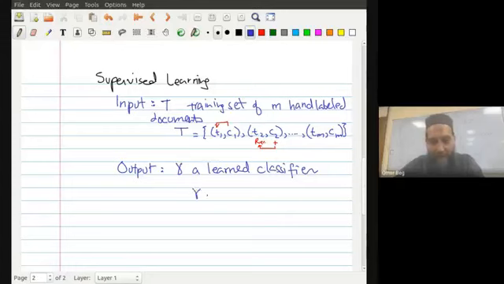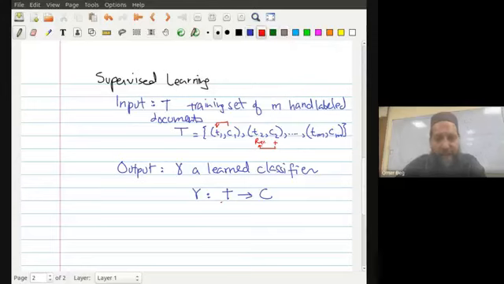So this gamma takes elements from some text set and categorizes them into one of these classes in the set of classes C. That's what the model is supposed to be doing.